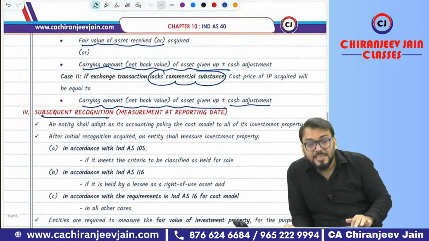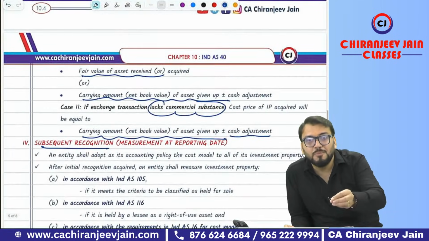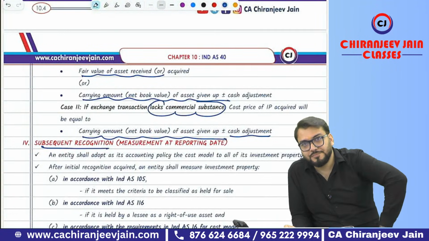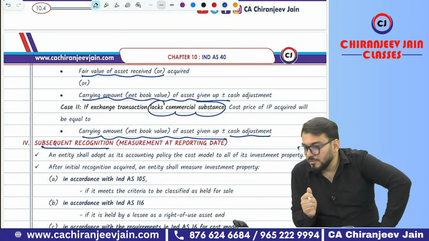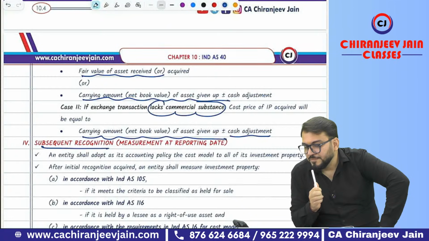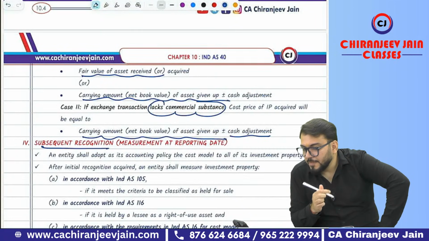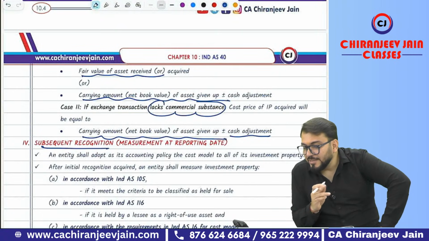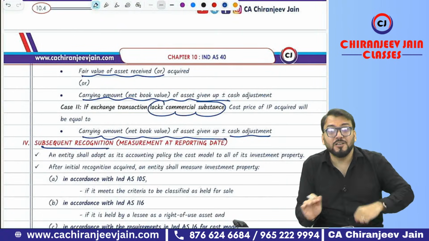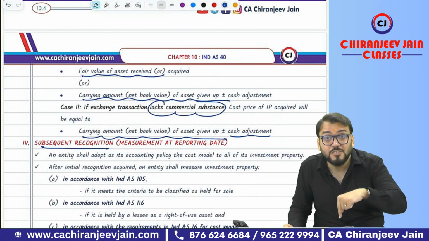Tell me, you only say: investment properties, subsequent measurement will be done at cost model or revaluation model. When I'm asking a question, you are not supposed to read whatever is given.